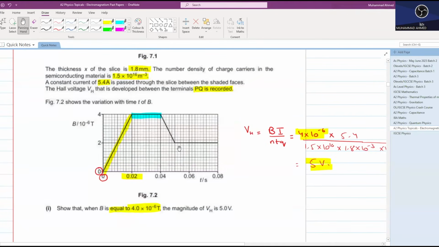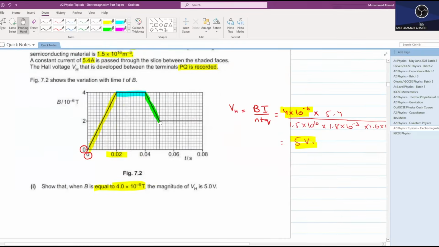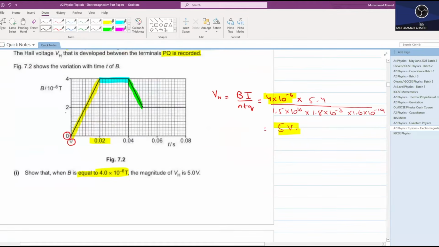Now from 0.04 till 0.05, let's highlight this in green. In this line, what is happening? Your Hall voltage is decreasing. But how much? How will I get to know the value of the new Hall voltage? If you see, this B value has halved. Initially, this B value was 4. Now it is 2. If B has halved, what will happen to the Hall voltage?